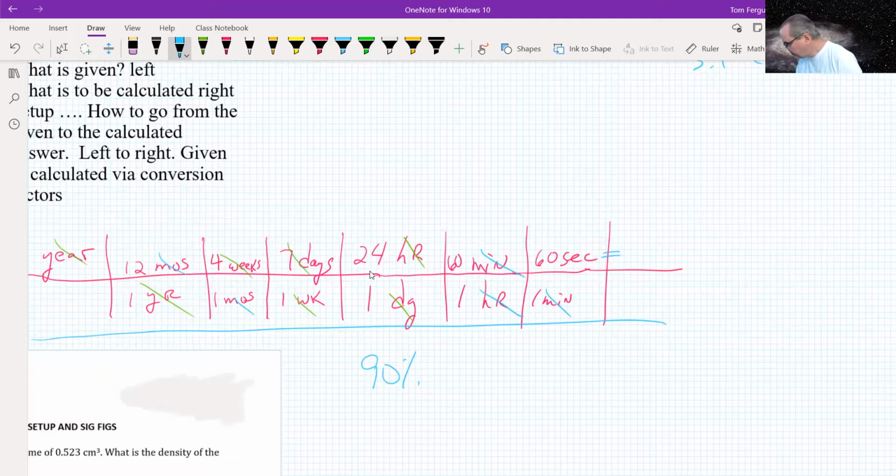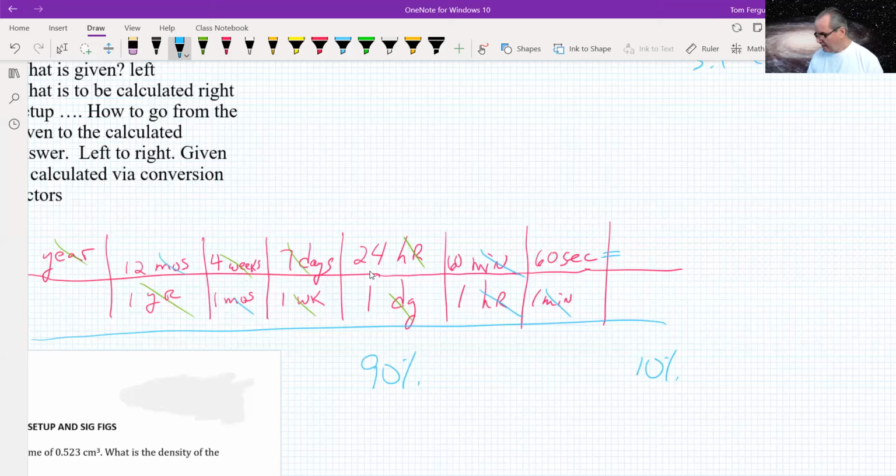The answer is worth 10%. The answer means you know about significant figures, and you also know about how to use your calculator. The chemistry part is the setup.